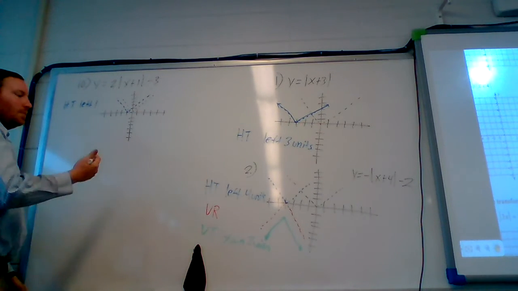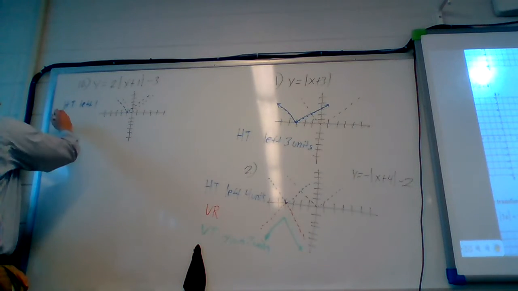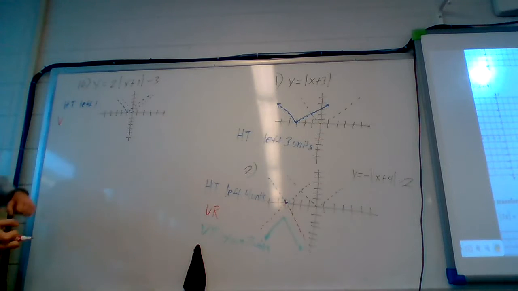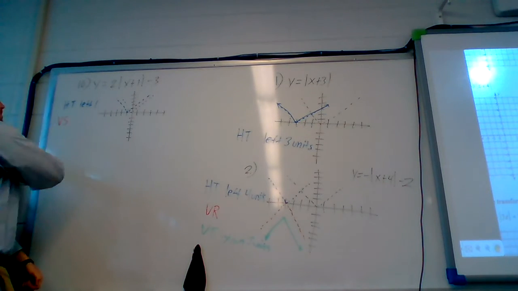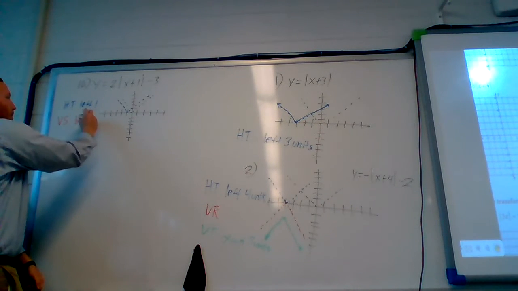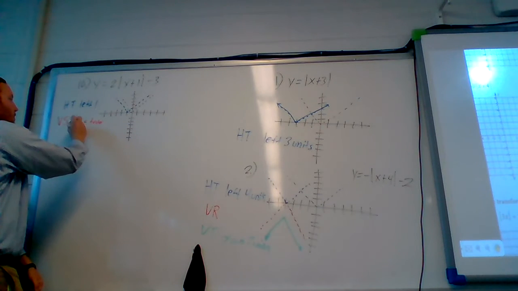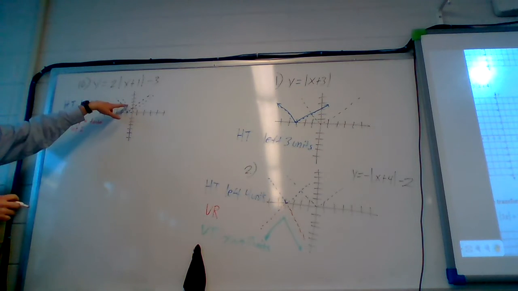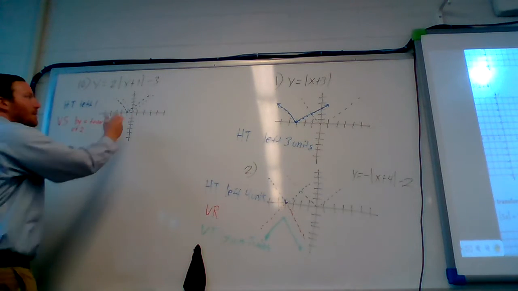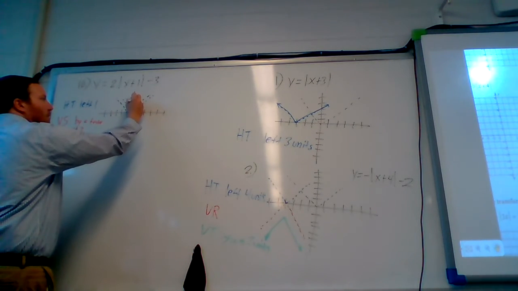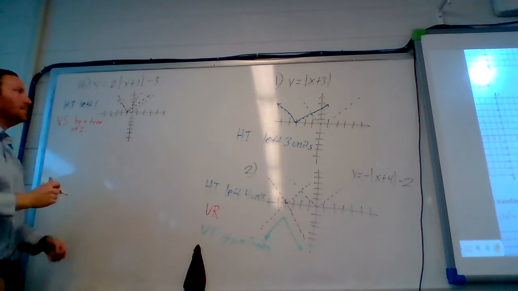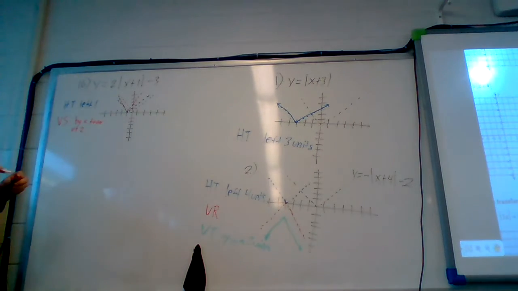So this would be a vertical... are we stretching or compressing when we multiply by 2? Stretching. This would be a vertical stretch by a factor of 2. So again, that's going to change our slopes. They are 1 over 1, or up 1 over 1. Now they're going to be up 2 over 1. So we're getting narrower, right? We're getting pulled up as we go.